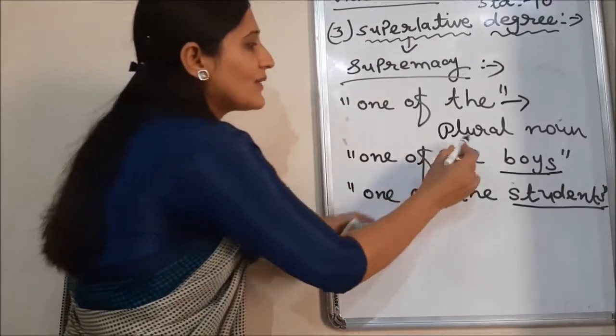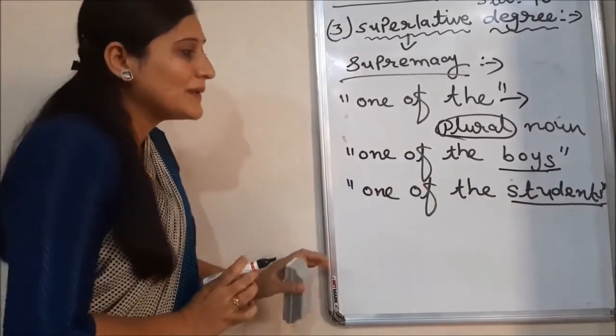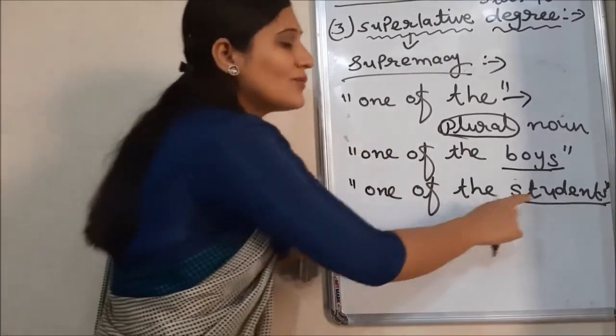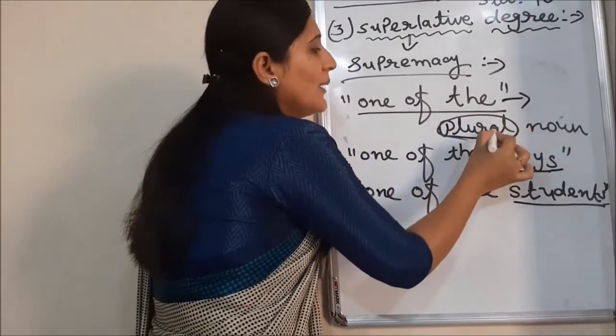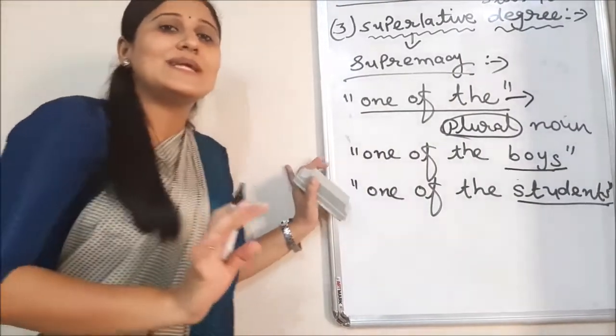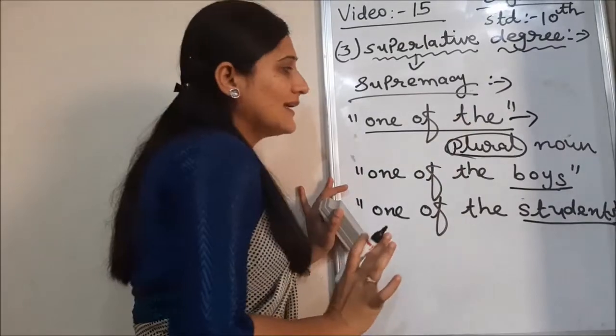So after "one of the", there should be a plural noun. Keep that in mind. Though I am talking about one boy, though I am talking about one student, after "one of the", a plural noun is a must. Compulsorily you need to write a plural noun after "one of the", right?